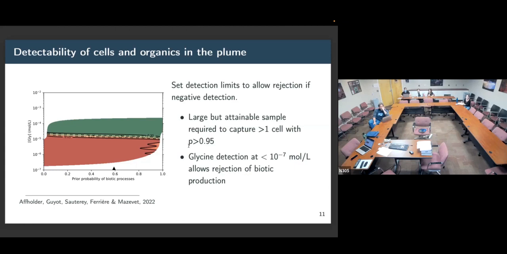So here, again, as a function of this unknown probability that life emerges, that I was mentioning a few slides earlier, green is biotic production more likely, red is abiotic production more likely, and the y-axis is the glycine concentration. So what detection threshold should we aim for so that, again, we can reject with no false negative the hypothesis of biotic production of glycine?